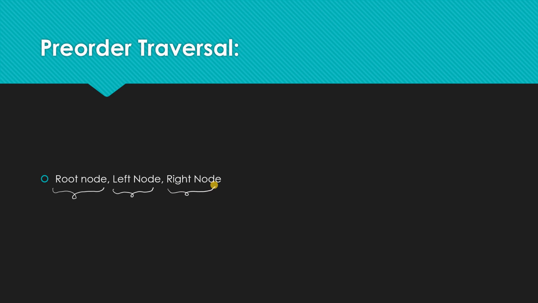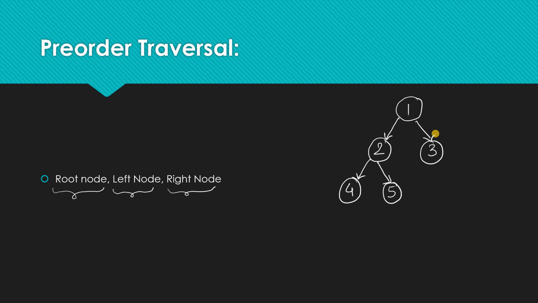So let's understand it with an example. Suppose this is our binary tree, and we want to do the pre-order traversal on this.